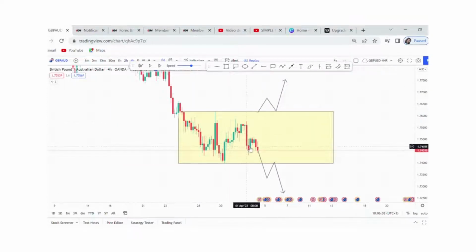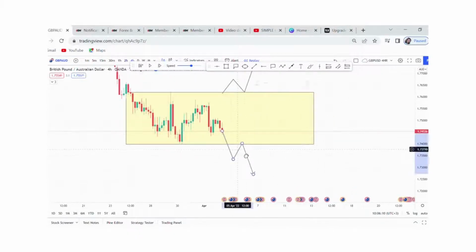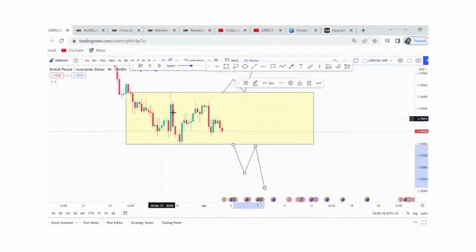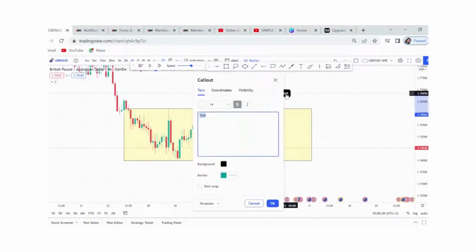So what you do is wait for the market to drop and break. Our key thing is for the market to break this box, and I call it WBB. My strategy is just WBB: wait, box, break. Remember this is a channel that has accumulated quite a few days, and you can see clearly that the market is not breaking either side.